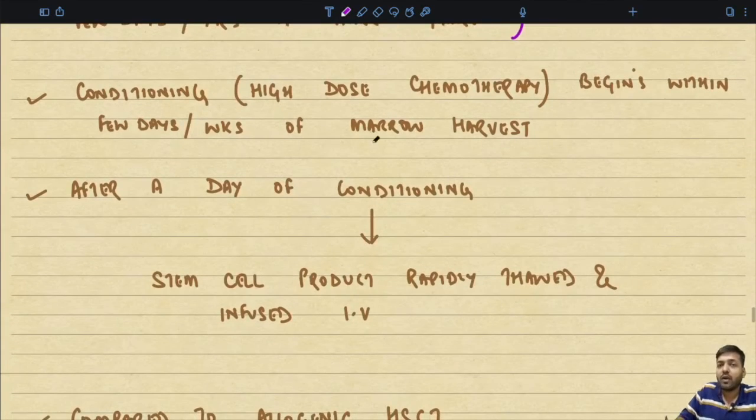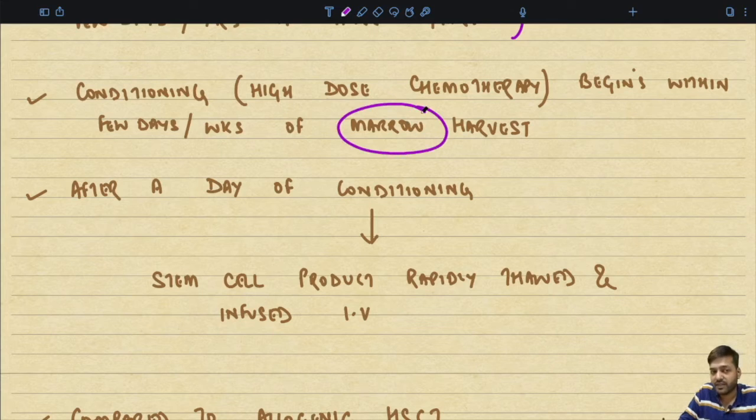Now, conditioning or high dose chemotherapy begins within few days or weeks of the marrow harvest. So, the patient, just a few days or weeks after the marrow harvest, is now going to receive high dose chemotherapy so that we can kill all the bad hematopoietic cells which are present in the bone marrow. So this is the conditioning that we carry out, very much similar to allogenic variety.